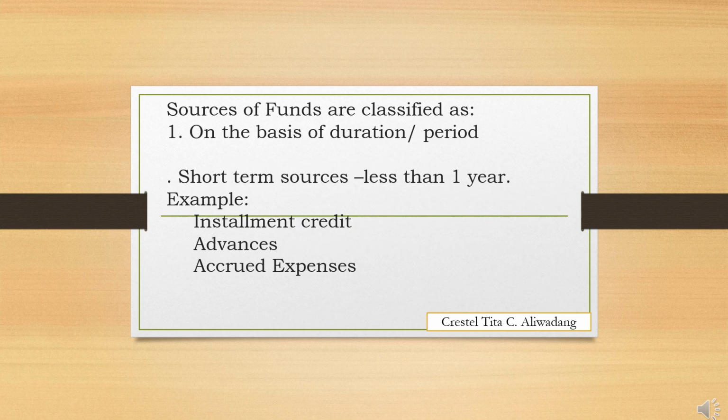There are three different sources of funds and they are classified as number 1, on the basis of duration or period. And under this source, there are also three kinds of duration or period. One here is short-term sources.